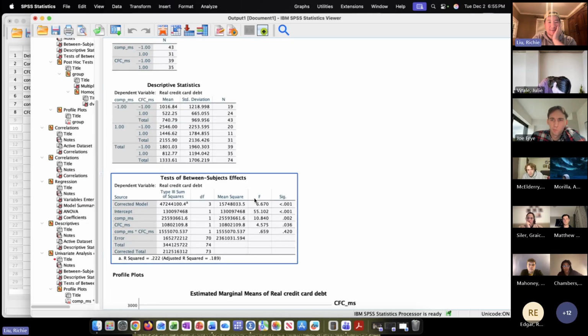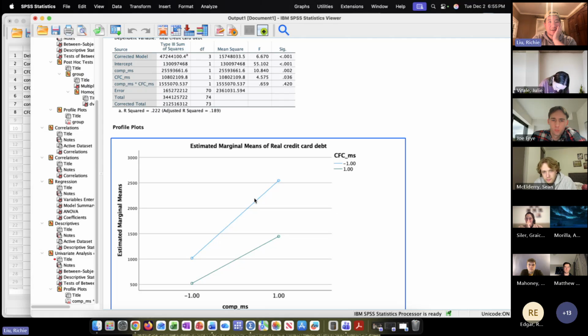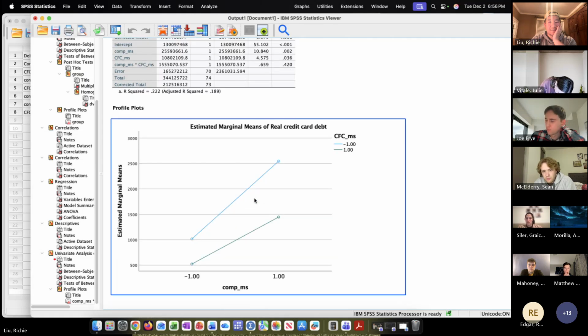Don't worry about significance on the ANOVA. But that's probably a graph that you got, and it probably looks familiar. What it tells us right now is that overall, if you look at the blue slope versus the green slope, the blue is the low CFC. Overall, they have more debt than people who are higher in CFC.